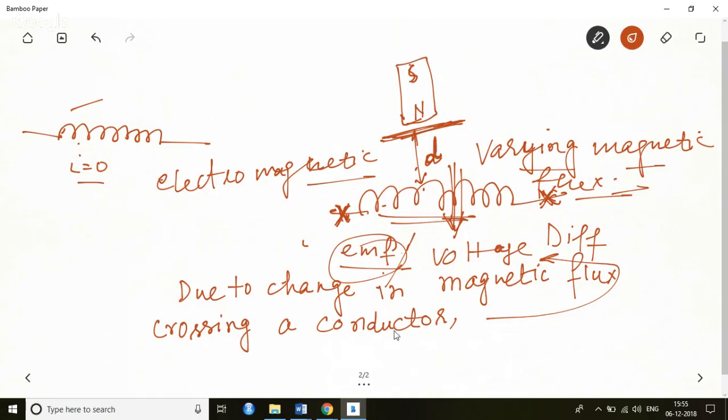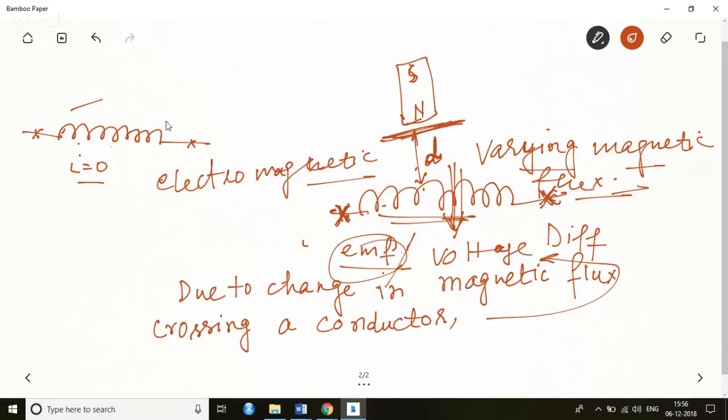Changing magnetic flux means either the distance between this and the magnetic pole or magnetic material is changing, or somehow I am changing the magnitude or the direction of the magnetic field passing through this coil. Due to change in this magnetic flux, an EMF or a voltage difference is generated.